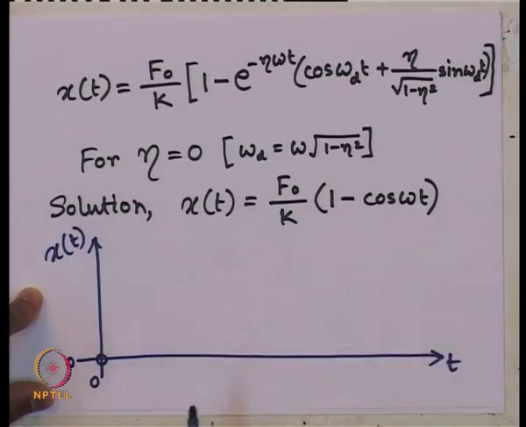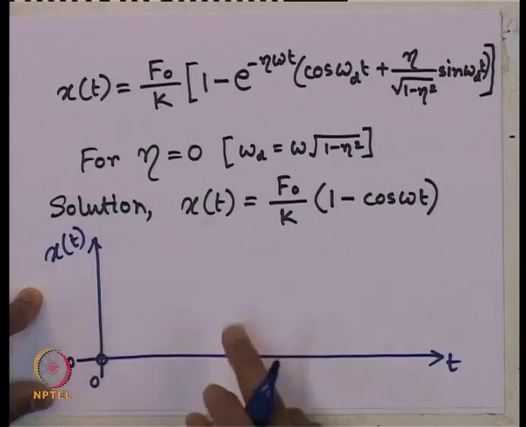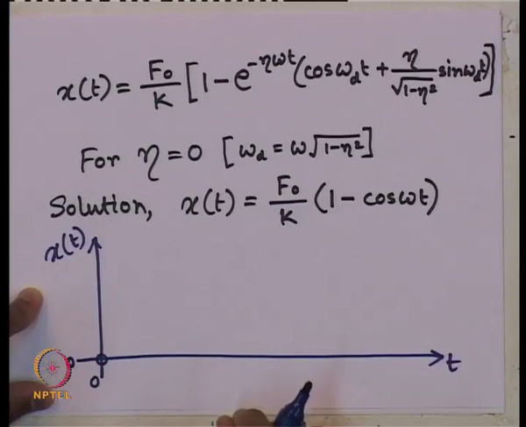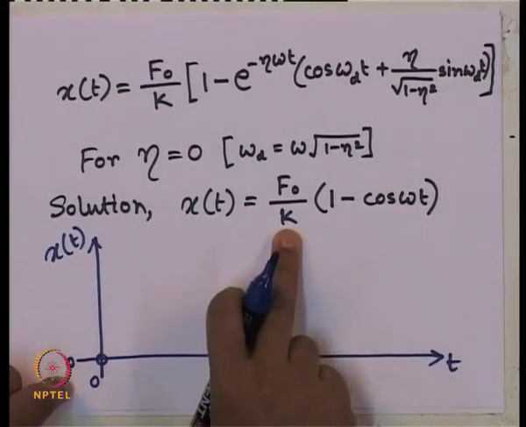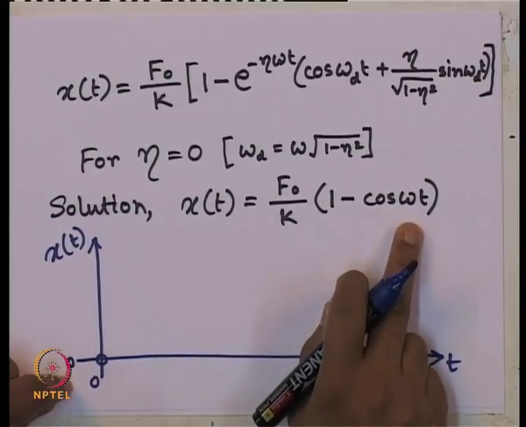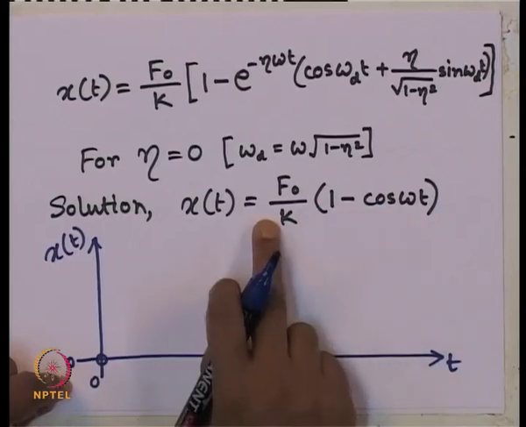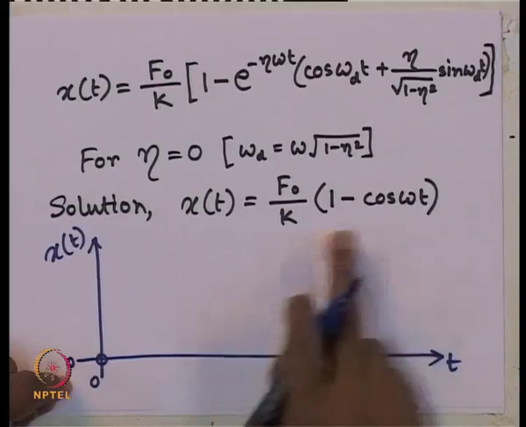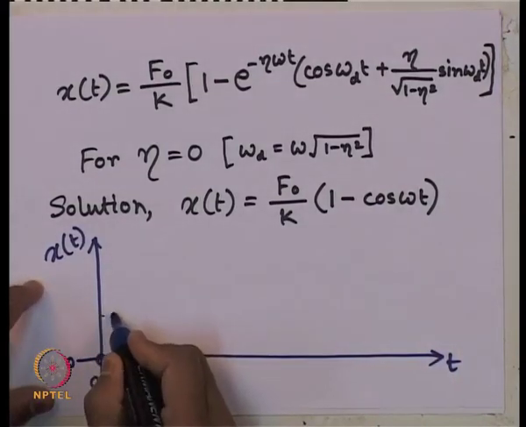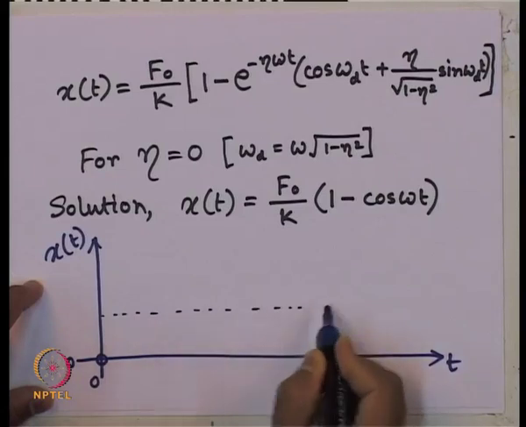A cosine function, a harmonic function, is oscillating about which line? What is the maximum value and what is the minimum value? The minimum value is 0 that we have obtained, and the maximum value will be 2 f naught by k, because the cosine can go between 1 and minus 1. So, it is oscillating about this axis of f naught by k.